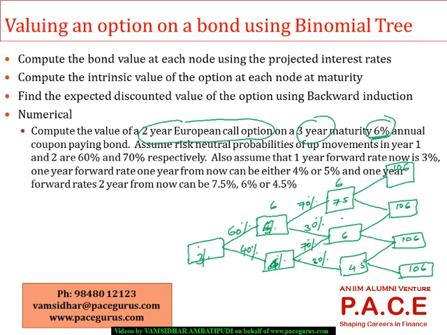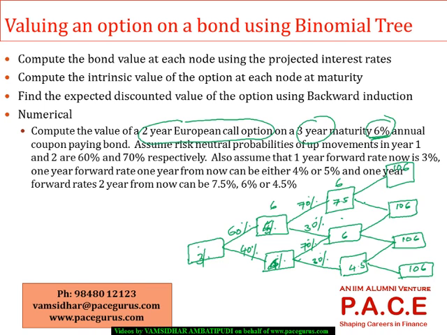Alright. So remember, what I need to do first is go in the same way, computing the bond value at each of the periods. So here 106 is what I am expected to get.